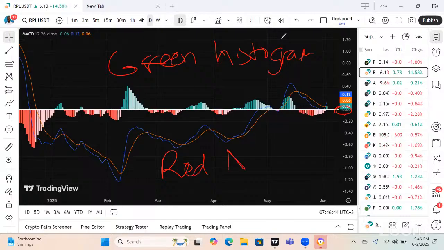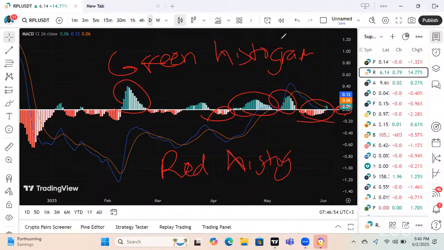What are histograms? There are these bars that you see. So those are histograms. So the zero line separates the negative side and the positive side.